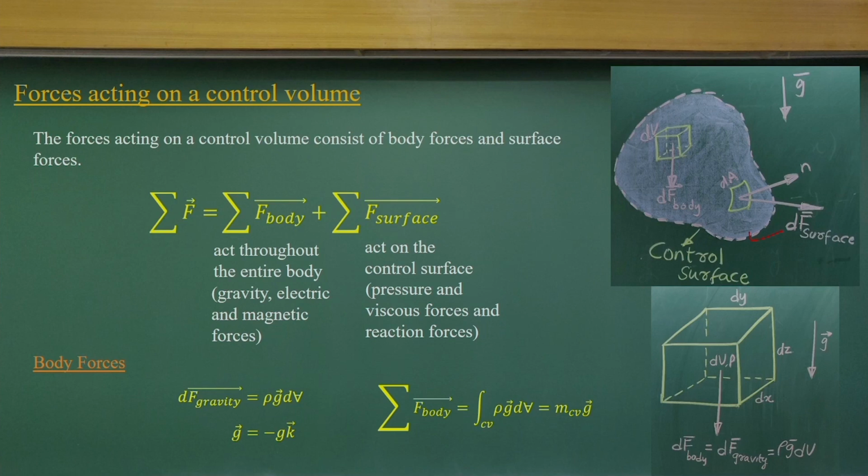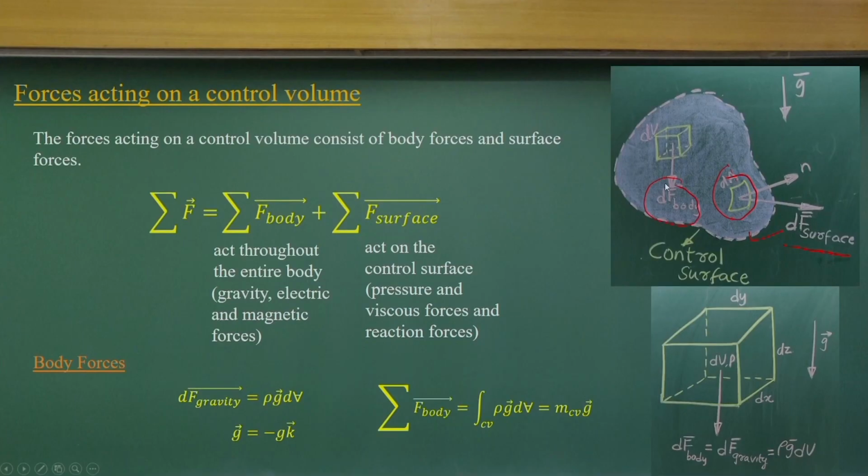If you look at that surface, you will have normal vectors. Let dA be the surface area, and this is the normal vector to the surface area. So, two types of forces are going to act on this. One is the body force, which is because of the mass of the control volume, how much body force we get from a gravity point of view, or other forces like electrical or magnetic fields, which we do not consider here.